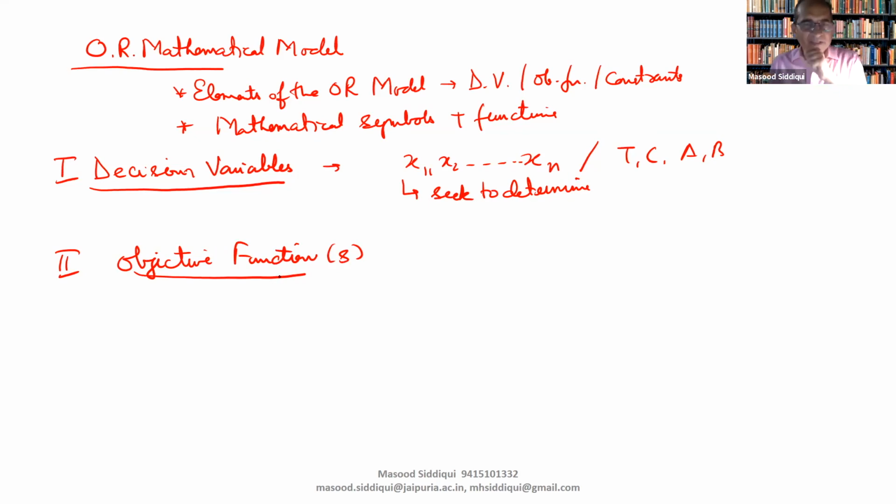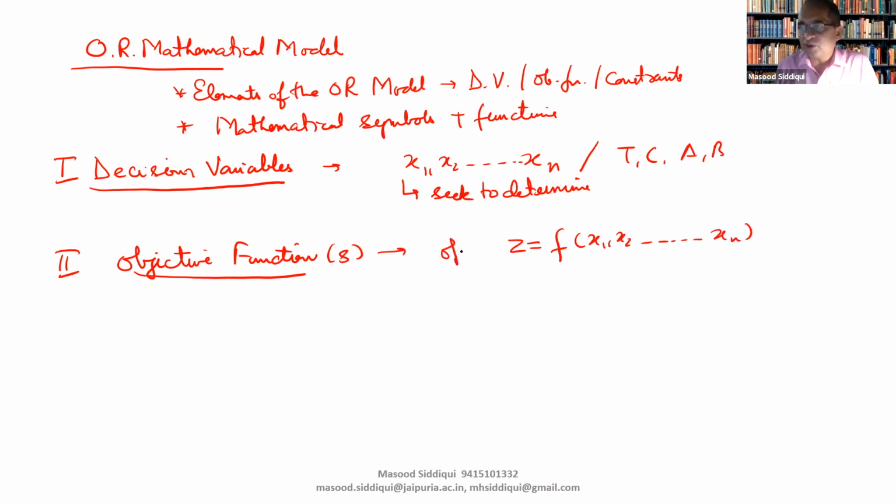When we go to higher order topics like multi-objective, multi-criteria decision making, or goal programming, we have a number of objective functions. But these two lectures are devoted to single objective functions only. This single objective function is a function of the decision variables or decision alternatives.